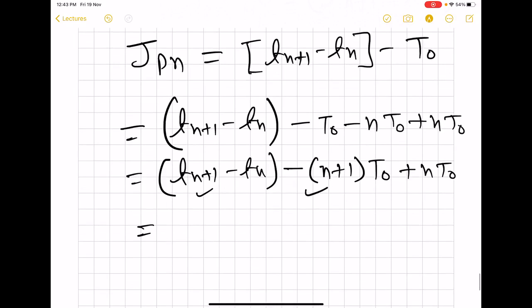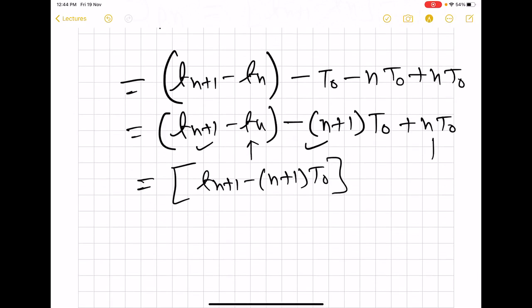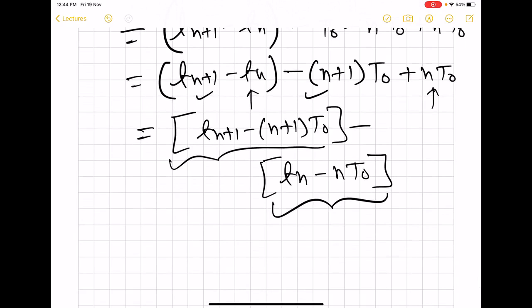Now this term and this term can be combined. And similarly, this one and this one can be combined. Now we see that each of these two terms is basically the absolute jitter. So this period jitter is equal to absolute jitter for n plus 1th cycle minus absolute jitter for nth cycle.